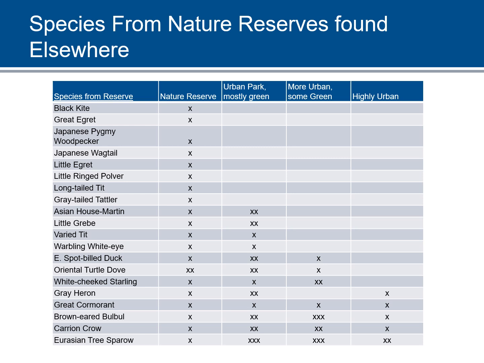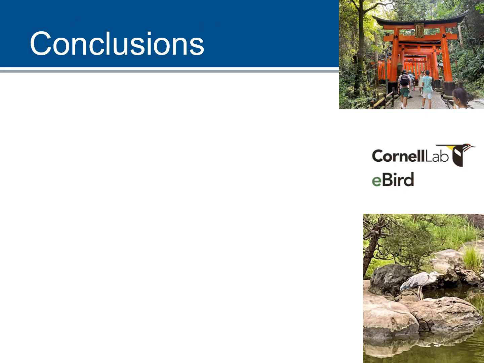Now, if you look at the species from the nature reserve and where they were found elsewhere, like Rob Blair saw, we saw a pretty good drop-off. But many of the birds that were suburban adaptable were also found in highly urbanized spaces. They're kind of utilizing the space that's available there.